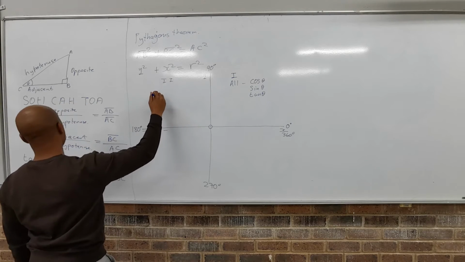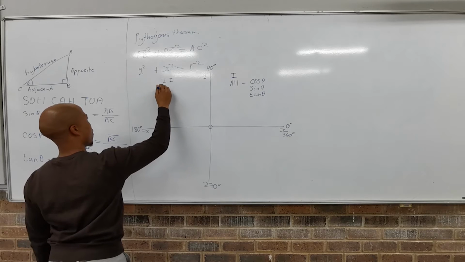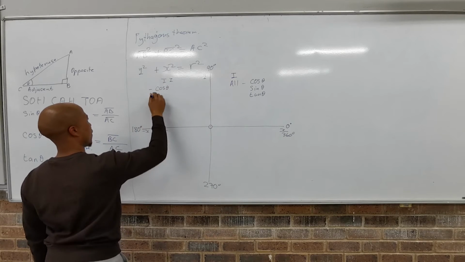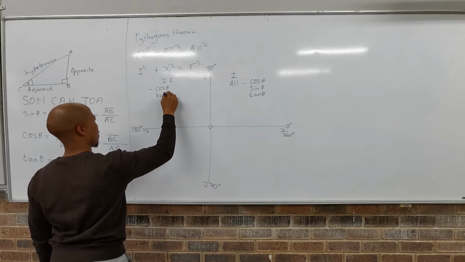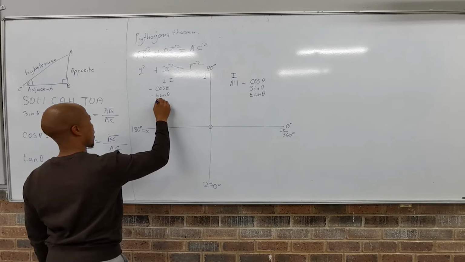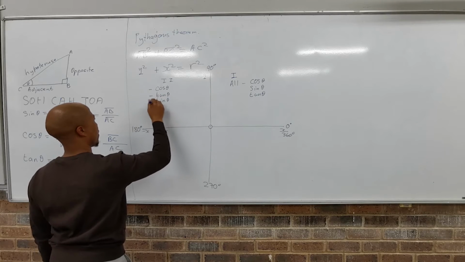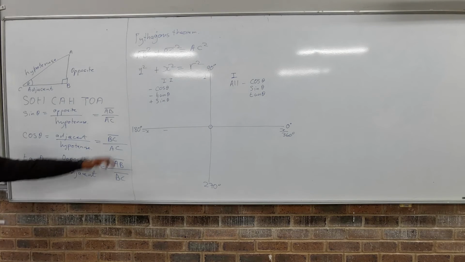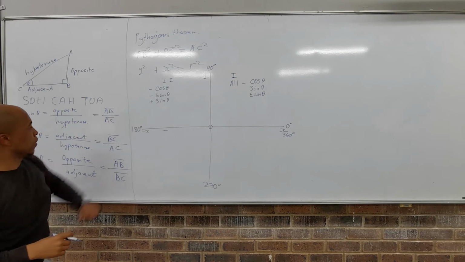So in this side, you have cos theta being negative, tan theta being negative, and then you have sine theta being positive. Let us explain why do we have sine theta as positive.